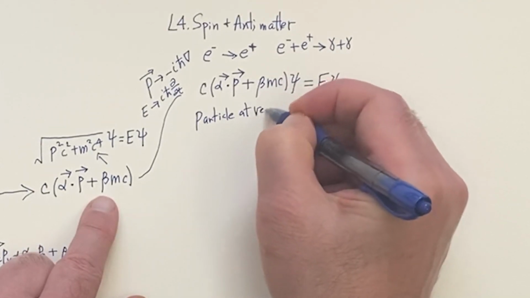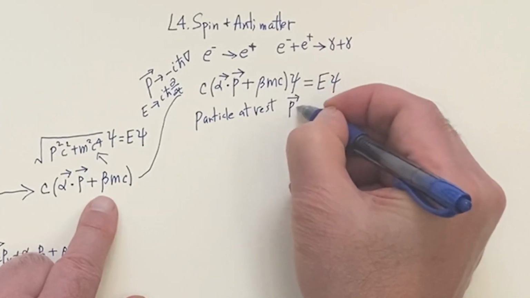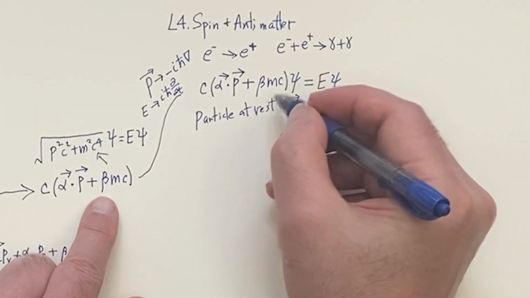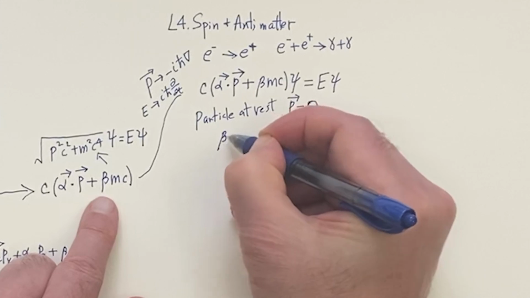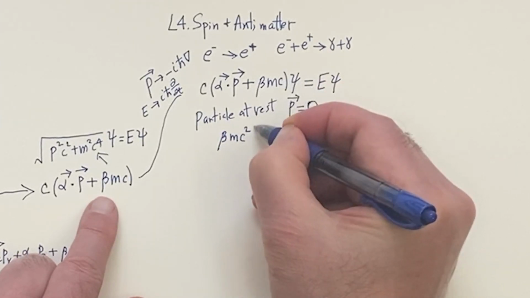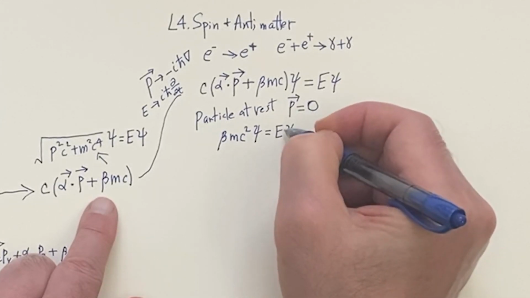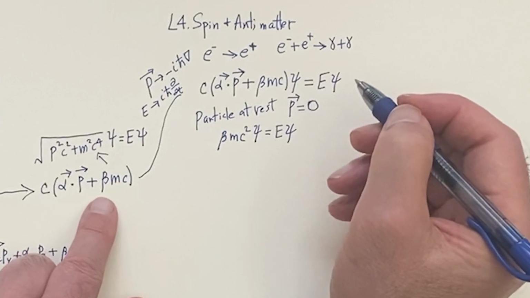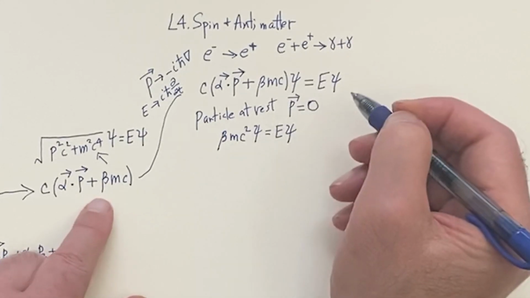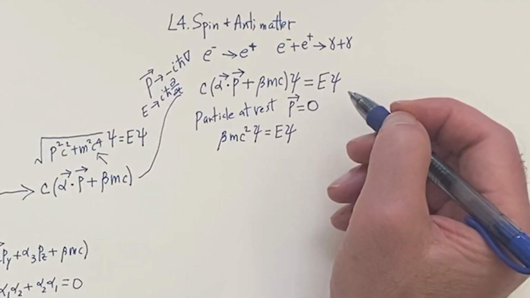If the particle is at rest, this is nice because then this momentum is zero. So that means we have a simplified equation, beta mc squared on the psi is equal to the energy. And it kind of makes sense there that the energy is mc squared at rest. You're at rest. Let's solve this thing. And we'll get a lot of richness out of this very simple case.